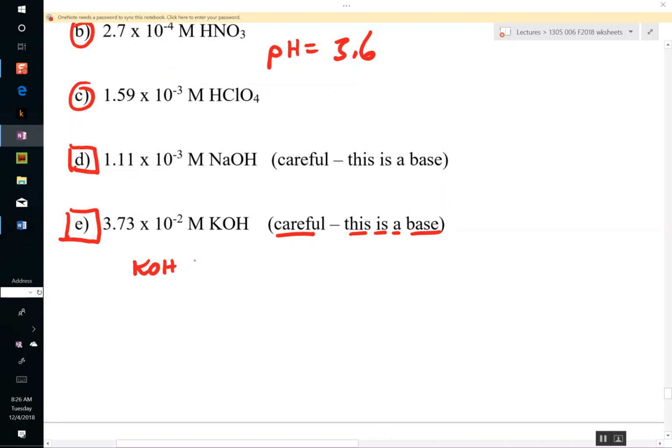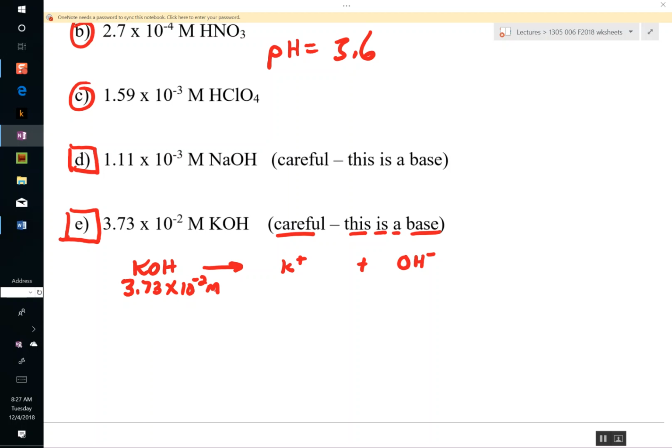We've got KOH, and if we put that in water, we get a potassium ion and a hydroxide ion. We're being given two pieces of information. One is that it's 3.73 times 10 to the minus 2 molar potassium hydroxide, and that it is a strong base, meaning it dissociates 100%.